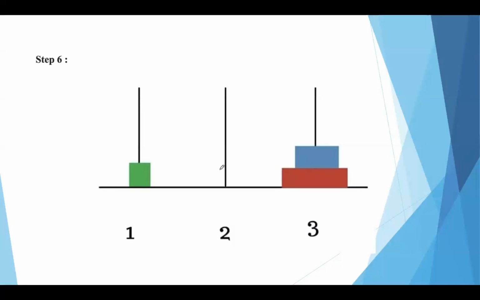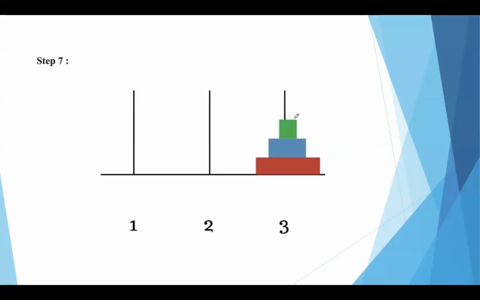Finally, the smallest green disc is also shifted to rod 3, which is now the uppermost disc on the stack. You can see this is the uppermost disc on the stack. So this is our goal.